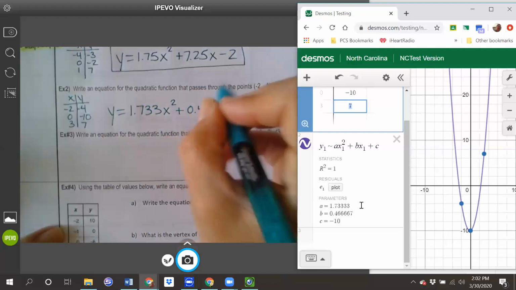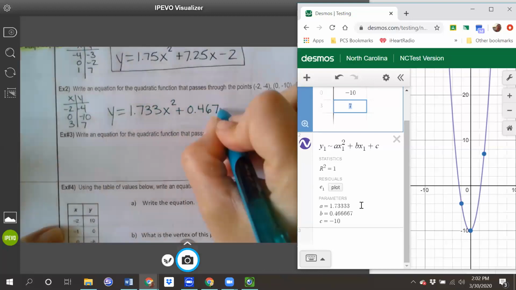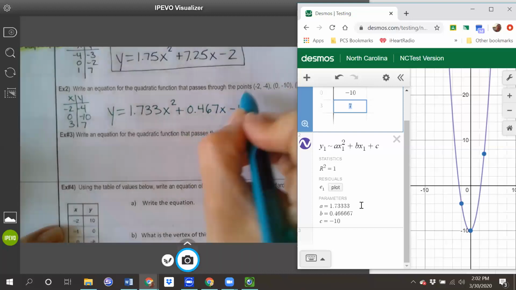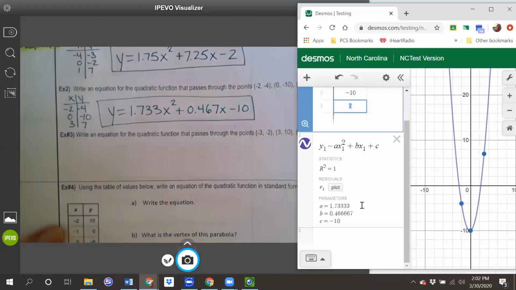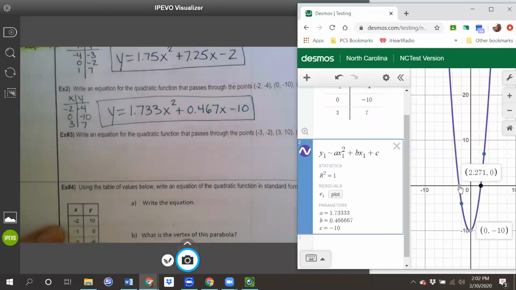So that third place is going to get rounded to a 7, x minus 10. There it is. There's your equation. And again, super cool that I can get my vertex, I can get my zeros, and it just so happens that my vertex is my y-intercept as well.